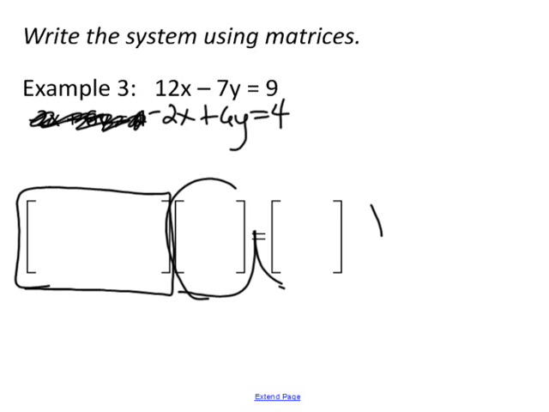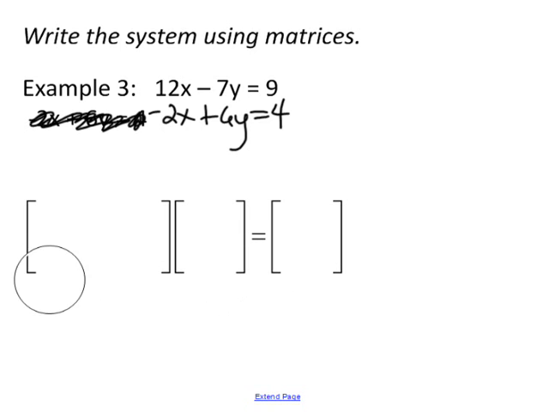So what I'm going to do is get a bigger eraser. Okay, matrix on the left. That's the coefficients. When I say coefficients, I'm talking about these numbers that are in front of the variables.